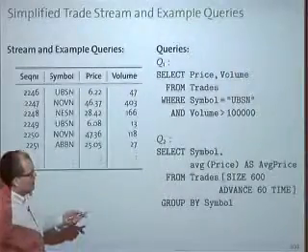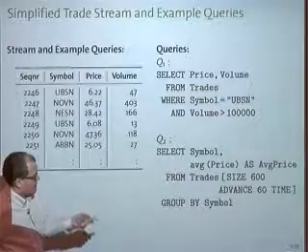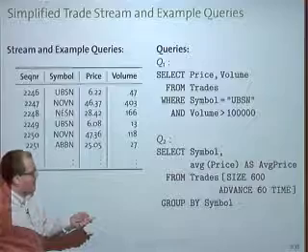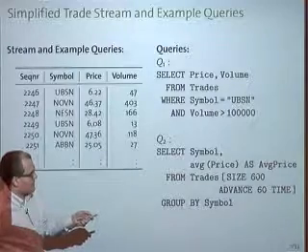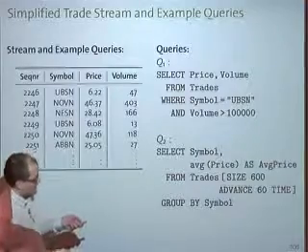You partition the stream by the symbol. You have this average, aggregate, and here's this window definition. So it's a time-based window that contains 600 seconds, so 10 minutes, and you slide that window every minute, so every 60 seconds. These are these 2 types of query we're going to look at.